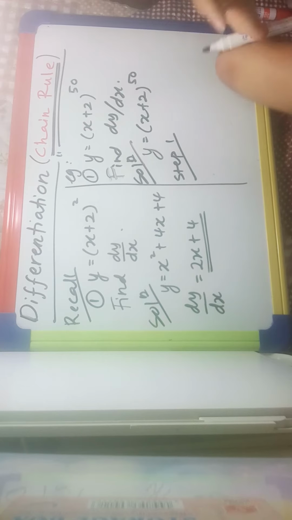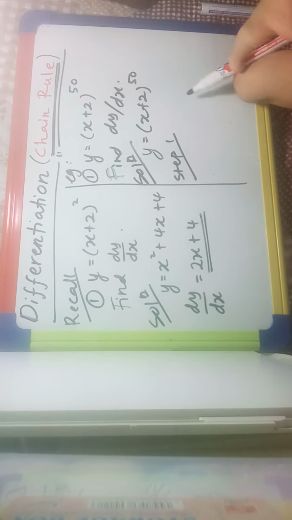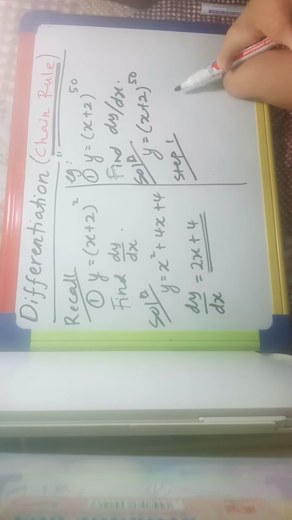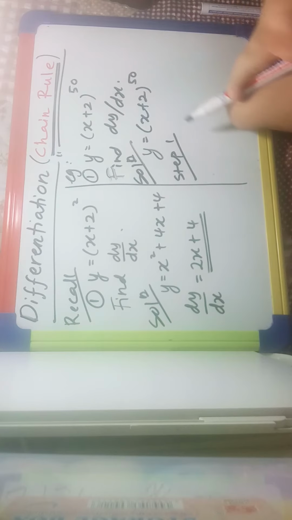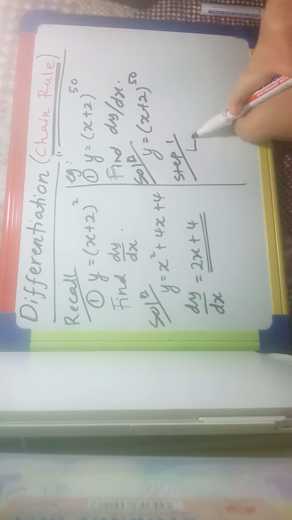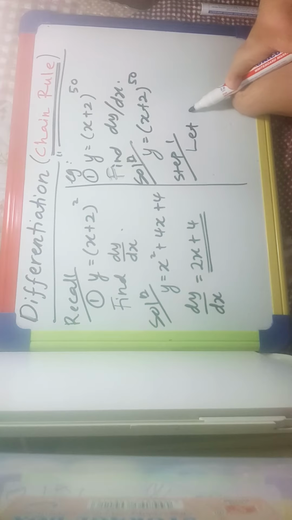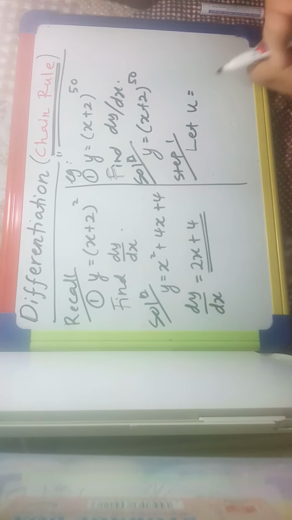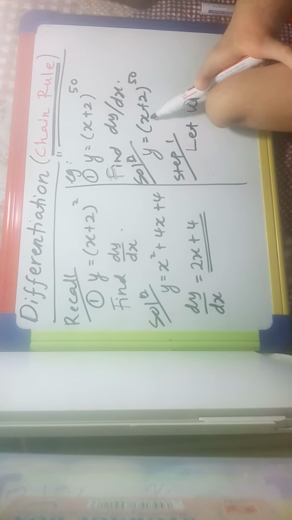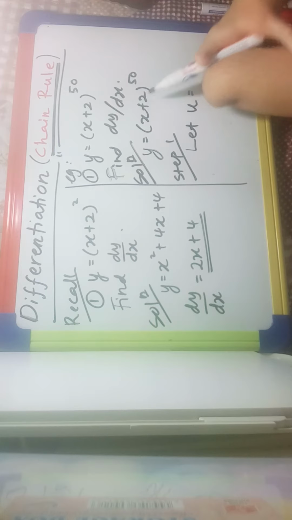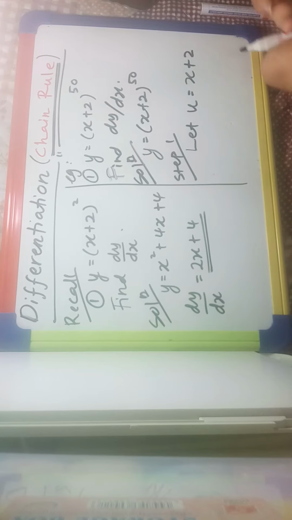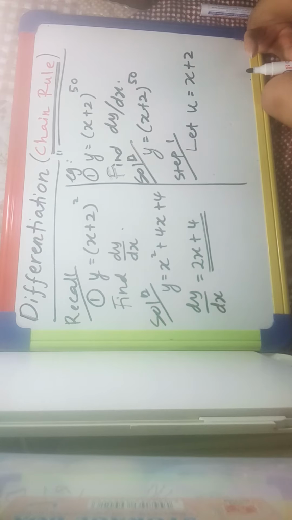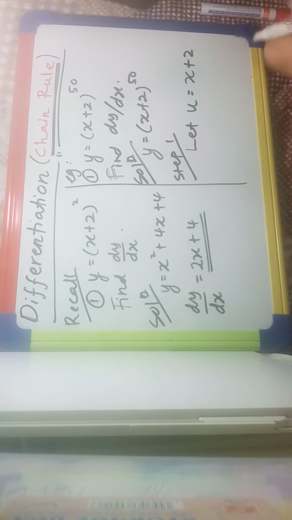Another name for the chain rule is the substitution rule. What does substitution mean? I will let u equal the term inside the bracket, x plus 2. Let u equal x plus 2. This is step number 1.